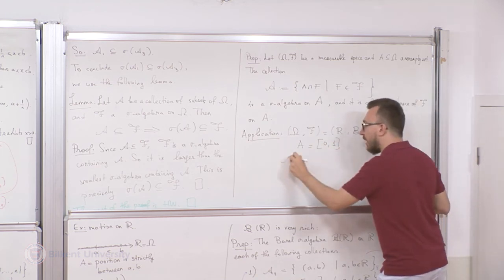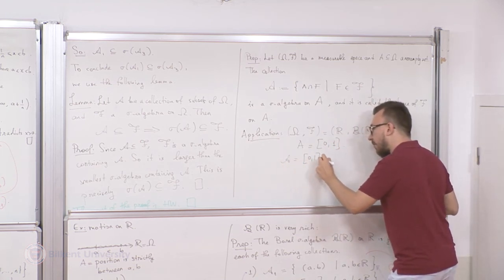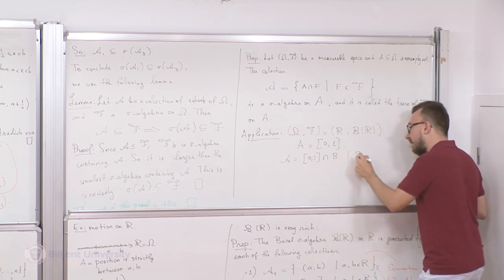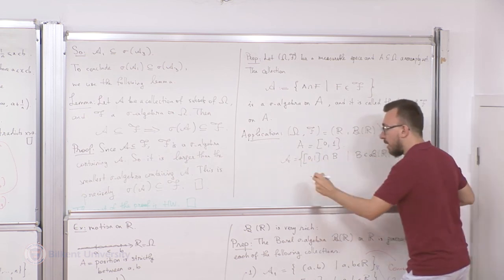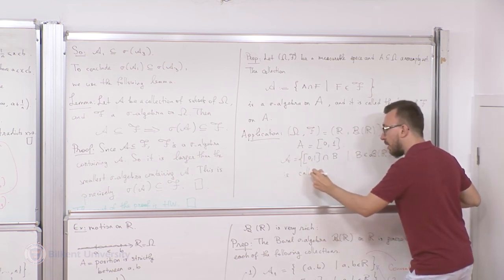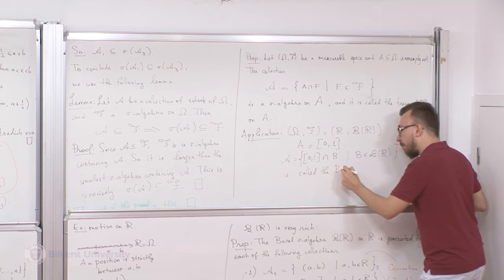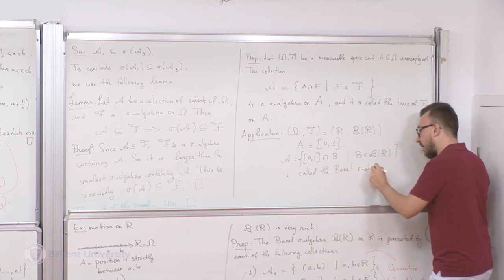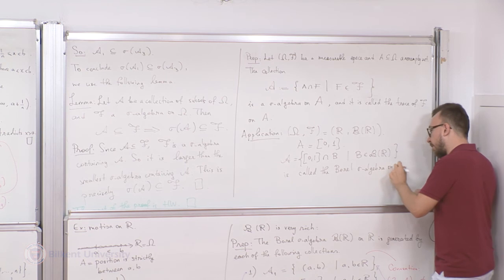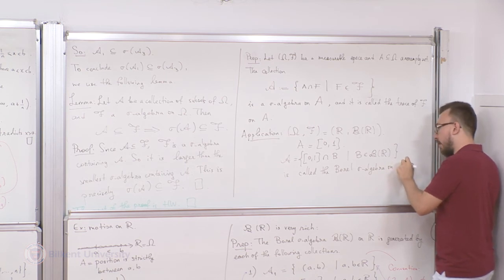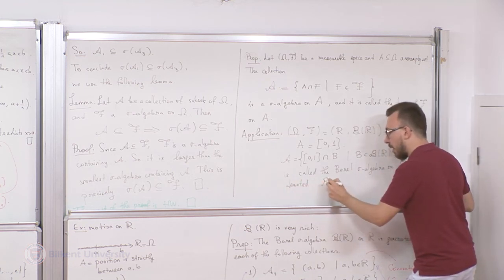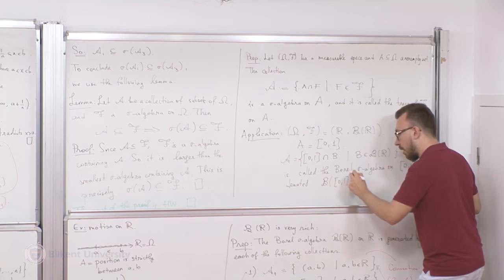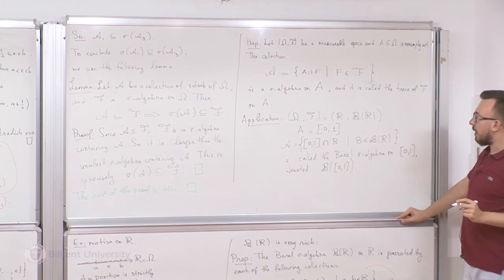The trace is what? 0, 1 intersected with a Borel set is called the Borel sigma algebra on 0, 1, denoted like this.